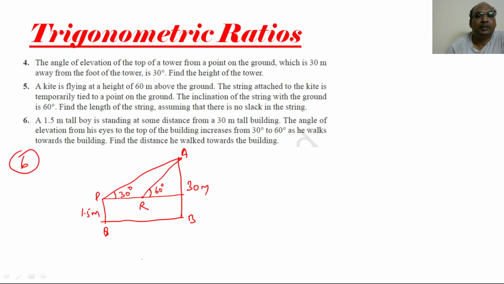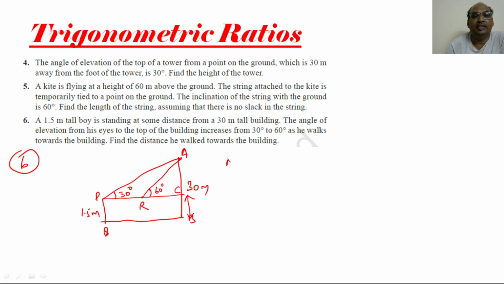So 30 meter, and this particular height is also 1.5 meter, right? So it means AB, and this point we will take as C, suppose AC.